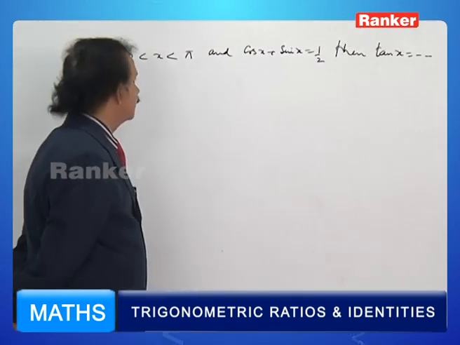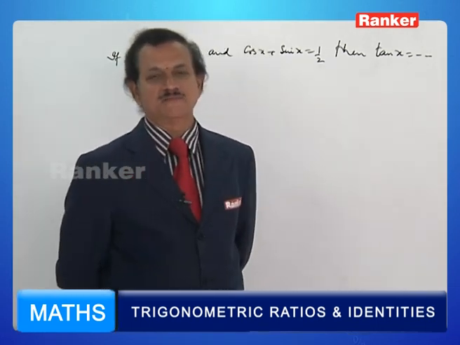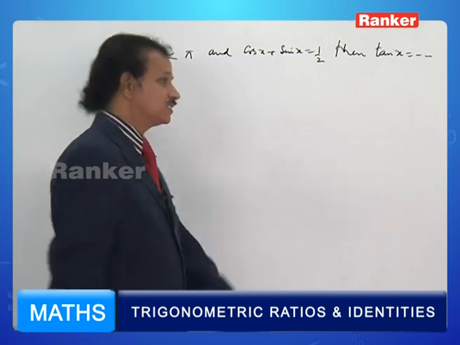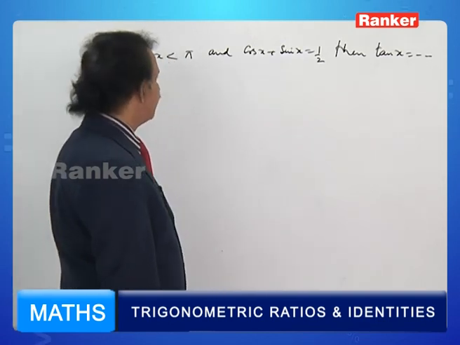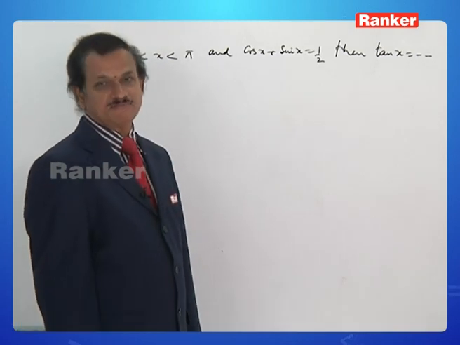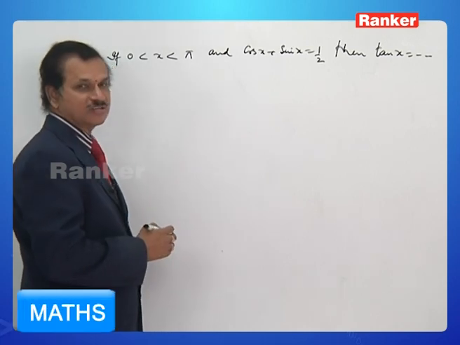Observe the next question. x is an angle which lies either in the first quadrant or in the second quadrant, that is 0 less than x less than pi. It has also been given that cos x plus sin x is equal to half, and we are supposed to find tan x.